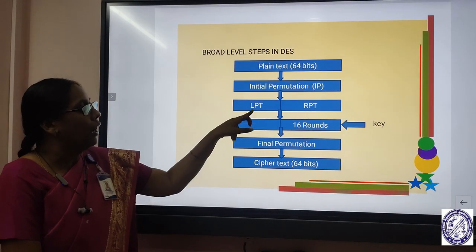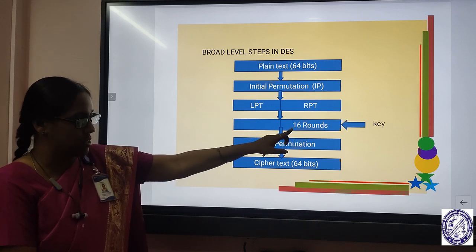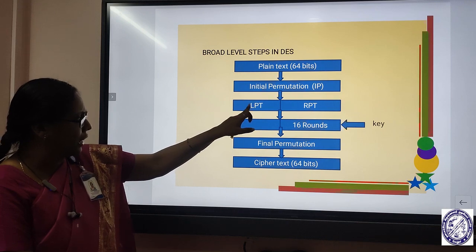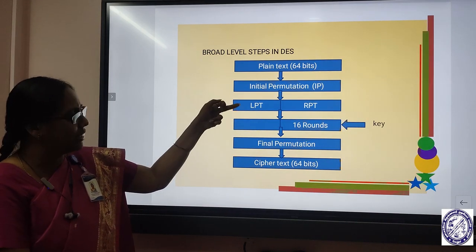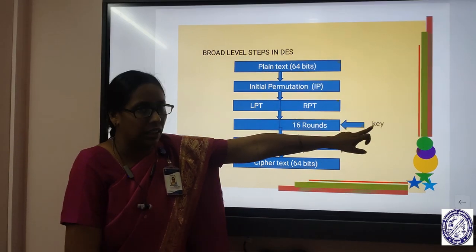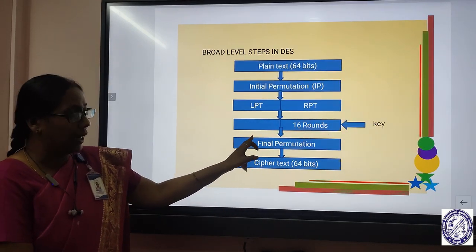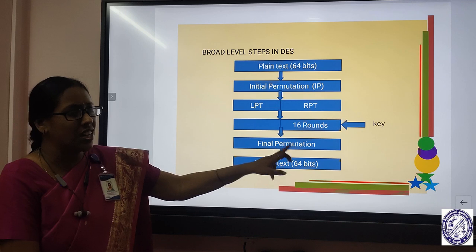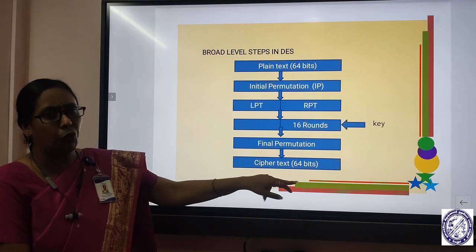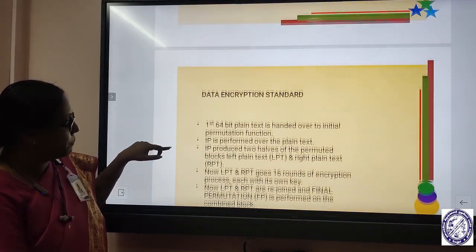And it performs 16 rounds with the key. LPT goes under 16 rounds and RPT goes under 16 rounds separately with the key, and then they are combined, and the final permutation occurs on the combination. Finally we get the 64-bit ciphertext as the result.